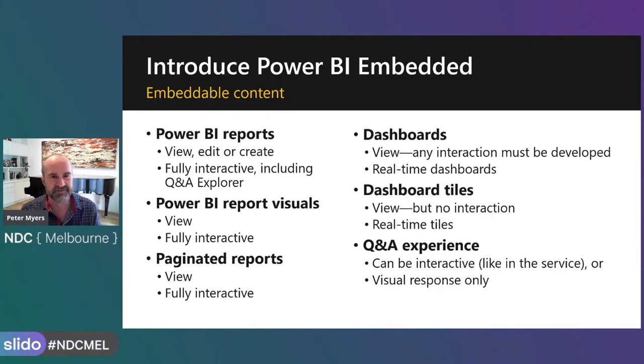There are a couple of things that are different, but you can think of them as being the same, and therefore paginated reports hosted in the Power BI servers can also be embedded in your app. Next, we have dashboards like the dashboard used to analyze your survey inputs, or a single tile from a dashboard, even if it's real time, can be embedded in your app. And lastly, the Q&A experience.